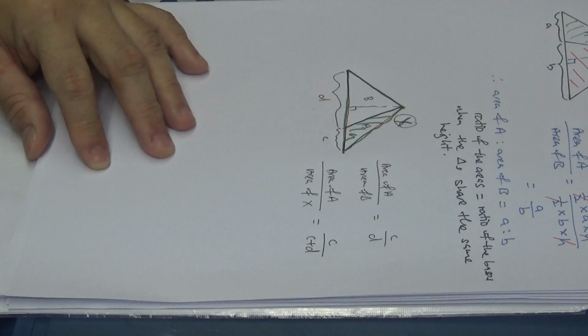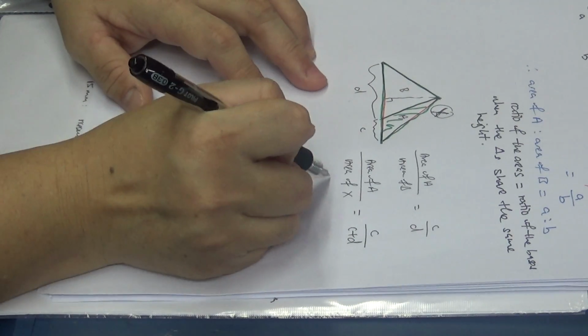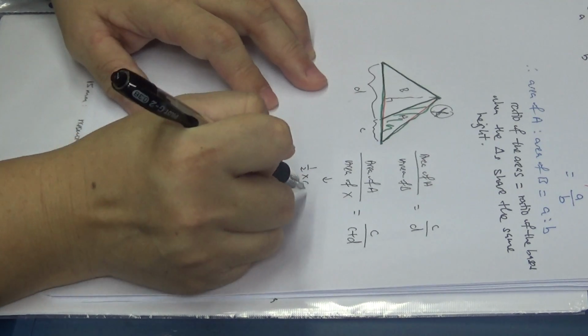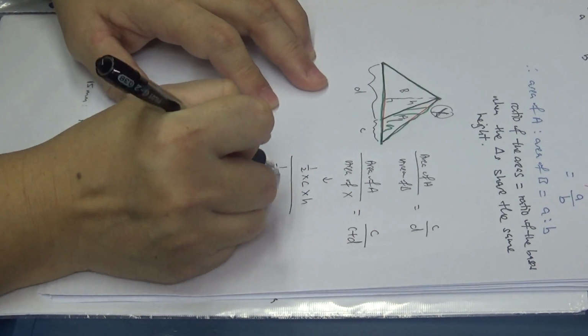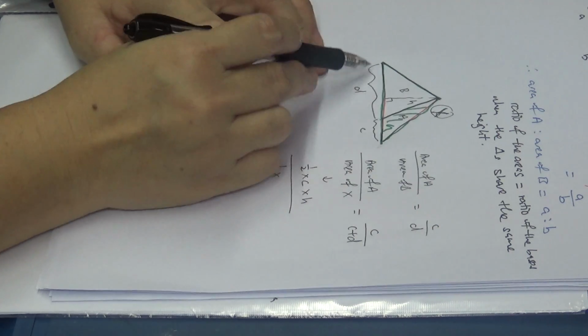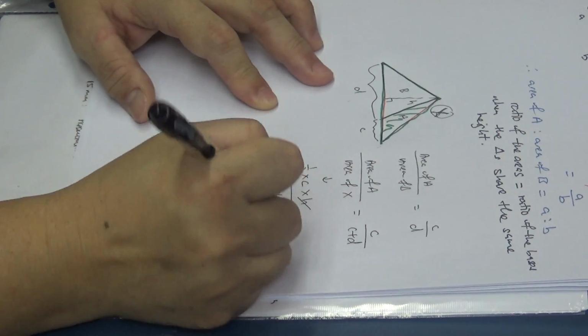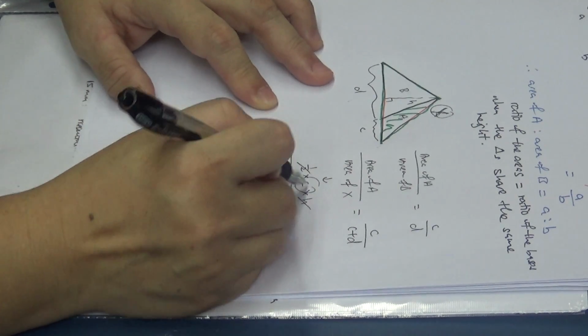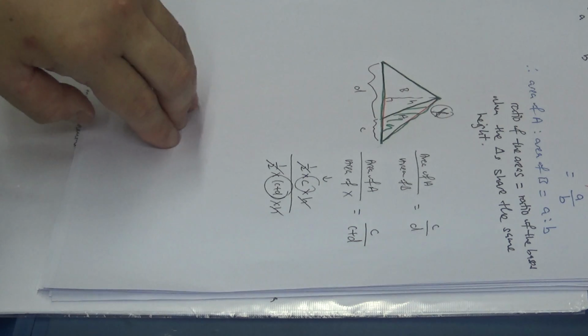If I were to prove it, the area is half times C times H, where the height is H, over half times, now can you see that for the big triangle the base is C plus D, times H. This H and this half cancel, therefore I get C over C plus D. So what does it mean here?